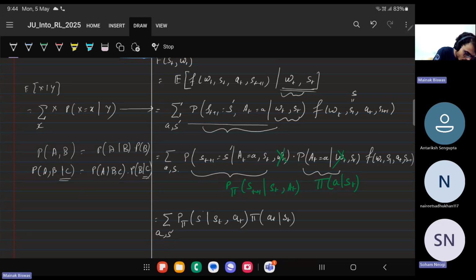But this is summed. Tell me, this looks eerily similar to the V pi is equal to summation of policy into that is action value. Exactly, that's what you will get.